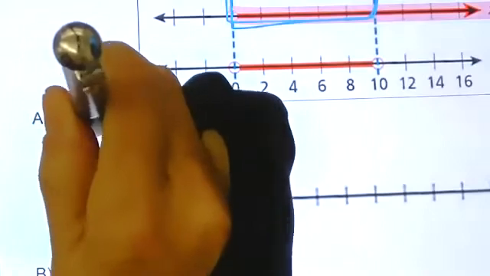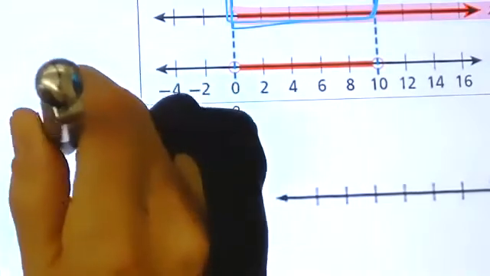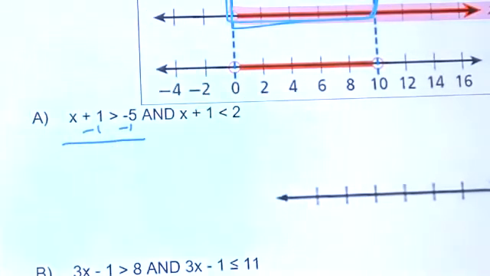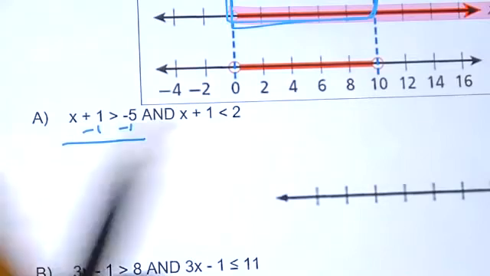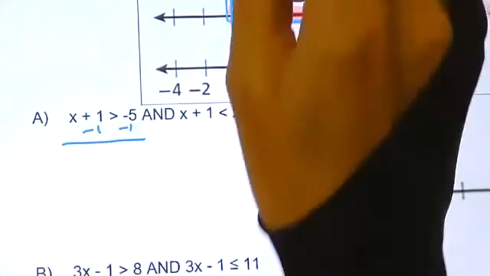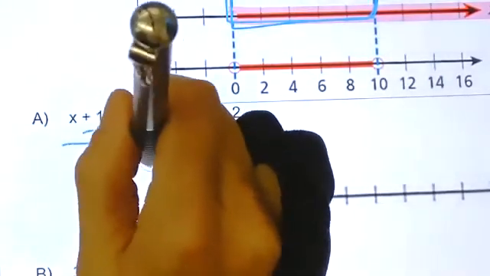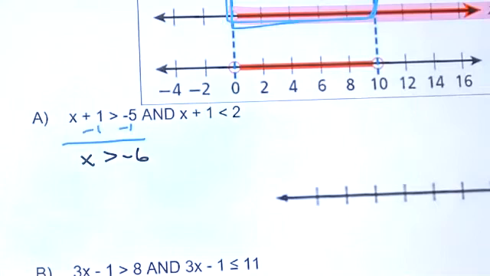I just solved, okay? How did I solve? I subtracted 1. That's all I did. Did I multiply or divide by a negative? Nope, there's no multiplying or dividing at all when you solve this. So guess what? My sign's not going to change. So this is going to be x is greater than -6. We do not flip the sign because we literally did no multiplication or division.